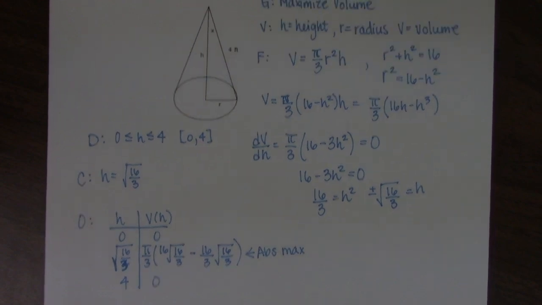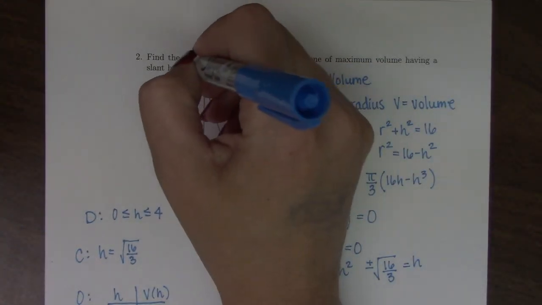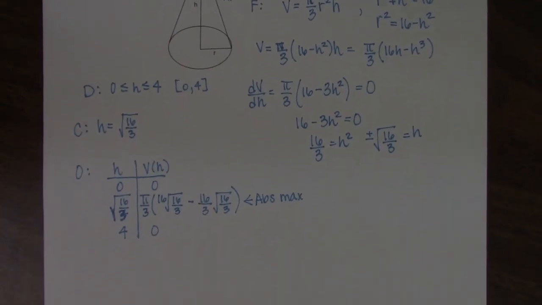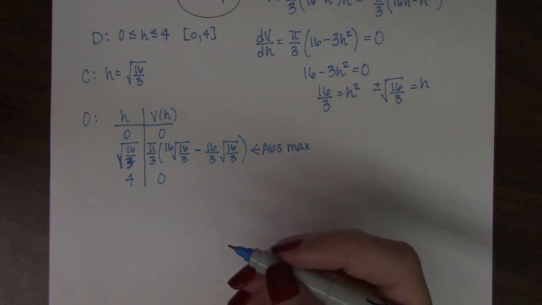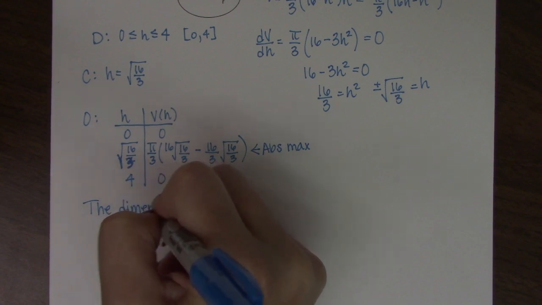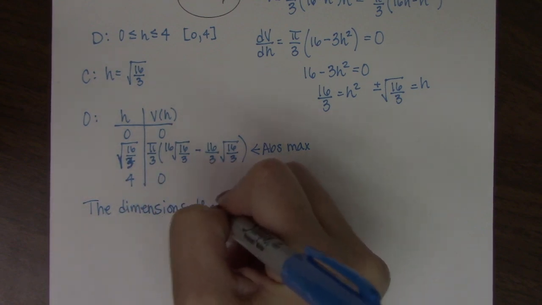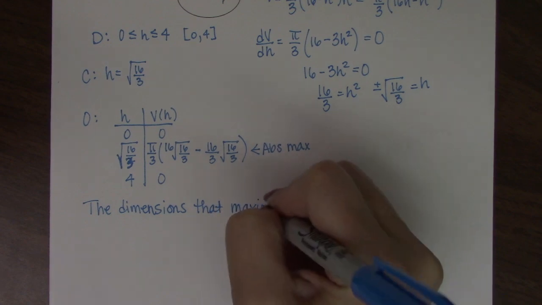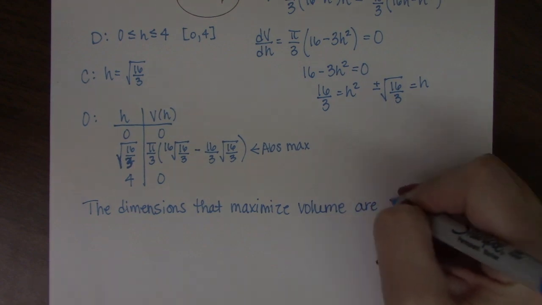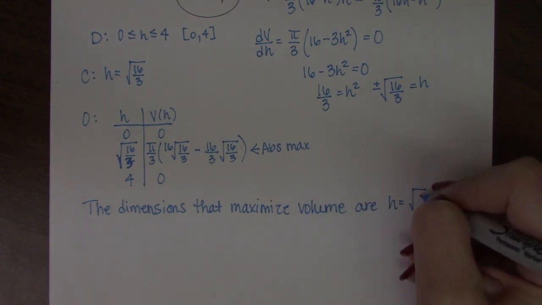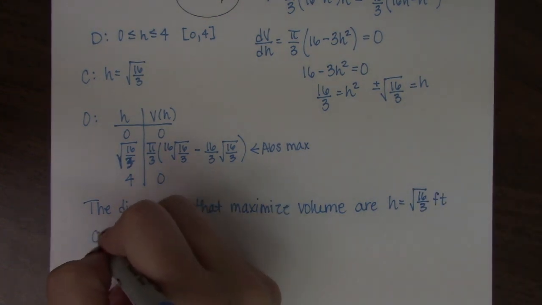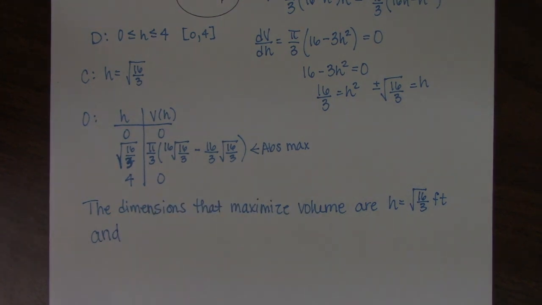So the question said, though, come back here, find the dimensions of the right triangle that maximize volume. So now we know the value of h that maximizes the volume. So the dimensions that maximize volume are a height of square root of 16 over 3 feet, and we have to give the corresponding radius.